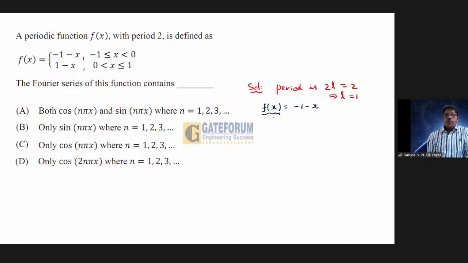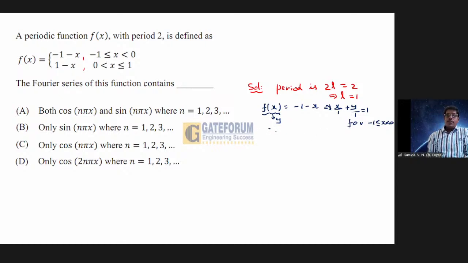Usually f of x is denoted by y. So this implies x by 1 plus y by 1 is equal to 1 for -1 less than or equal to x less than 0. So this is the intercept form of a straight line having intercepts 1 comma 1.